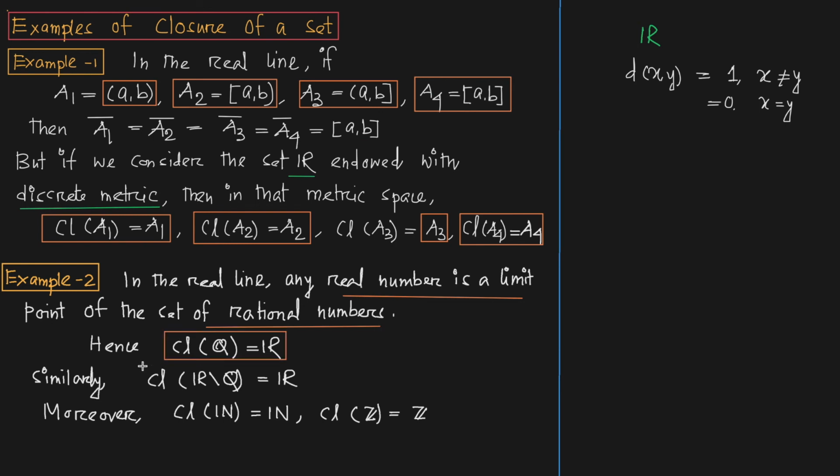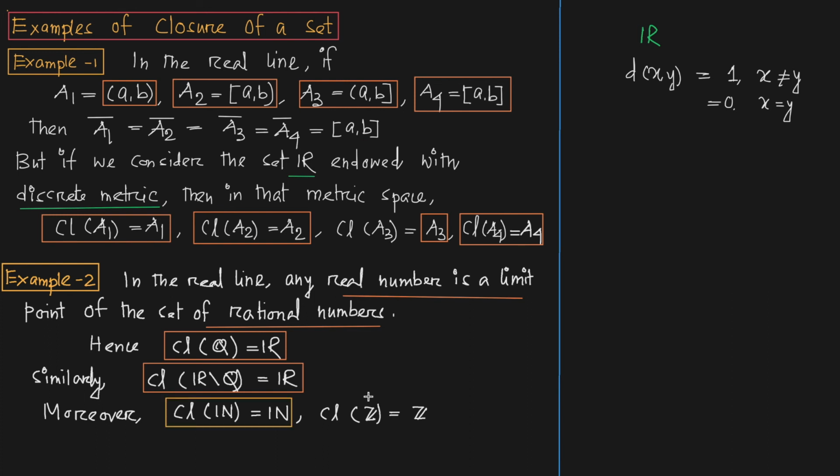Similarly, we can show that closure of the irrational numbers is the real numbers. So closure of the rational numbers is R, closure of the irrational numbers is R. Similarly, we can show that closure of the natural numbers is N.